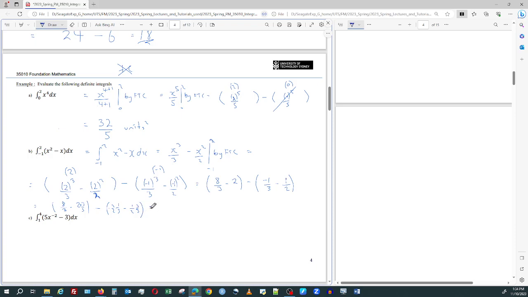Okay, so we get 2 3s are 6 on 3, so we get 8 on 3 for the first one, minus 6 on 3. Now, we've got minus 2/6, minus 3/6.